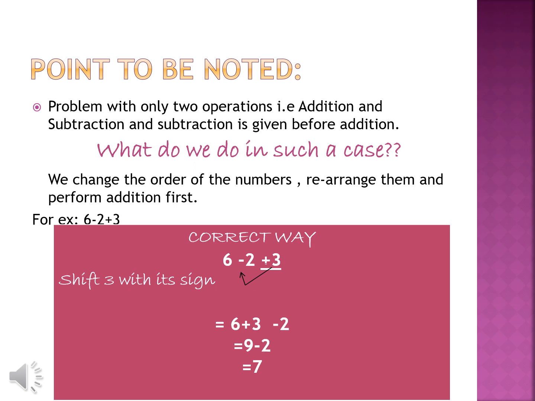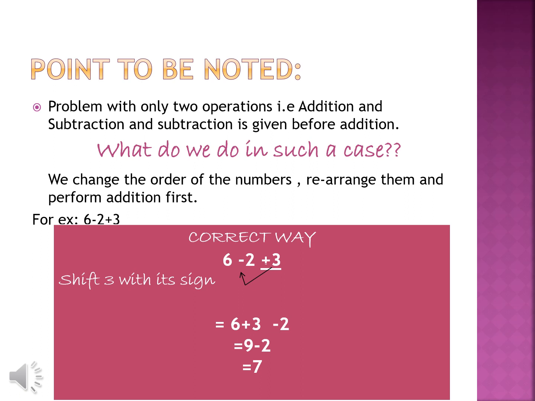In this particular case, you have to be very careful. There comes in between one more step of rearranging the numbers. So you have to understand the sign of the number as well at this step. Like 6 minus 2 plus 3. Minus is the sign of 2, and then plus 3, plus is the sign of 3. Now you will ask me, what is the sign of 6 then?